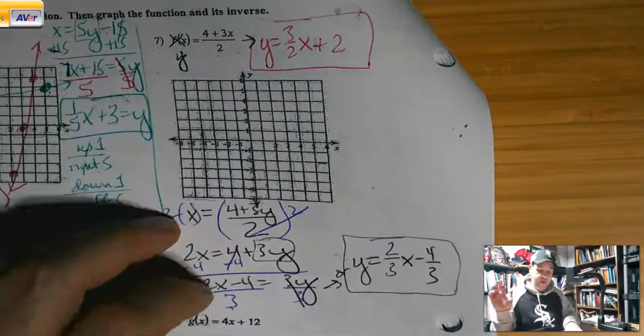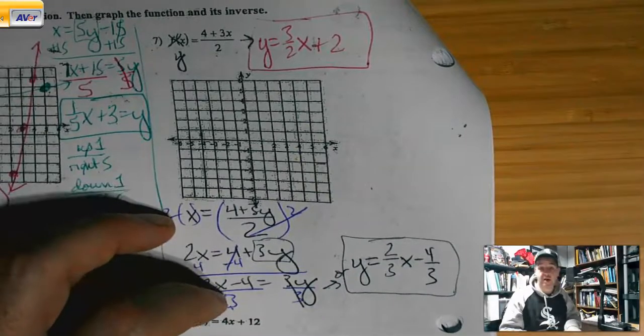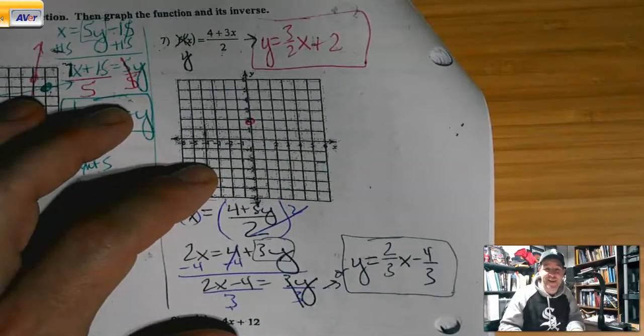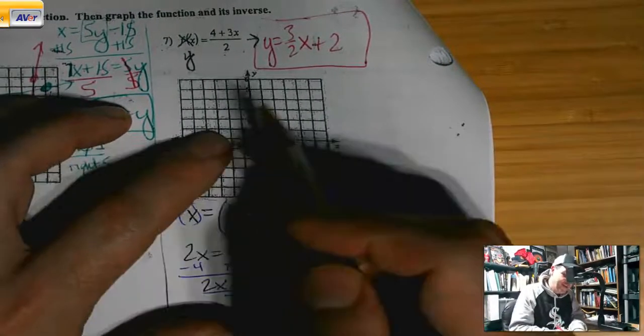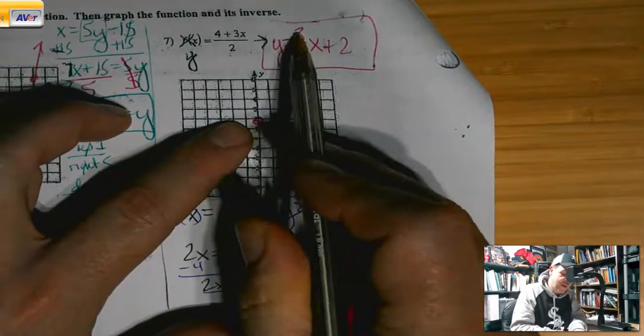Now, like I said, if this whole thing of y-intercept and slope is driving you crazy and you want to put it straight into the calculator and use the chart, do it. If some of you are tired of me talking about all these tricks and things, fast forward me to the next section, okay? So I get my y-intercept, rise over run, 3 up, 2 right, because they're both positive.